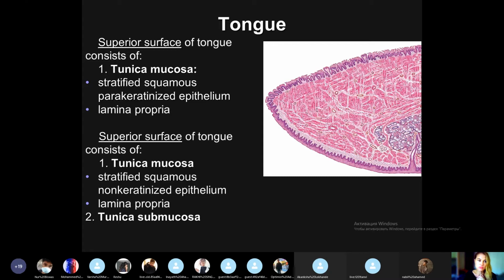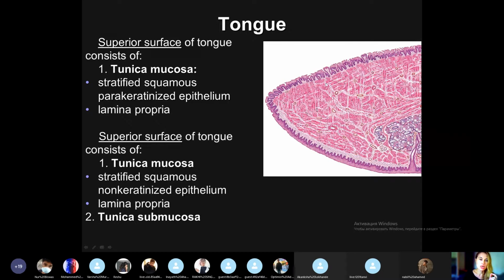In the case of the dorsal surface of the tongue, some areas of the papillae have the process of keratinization, meaning the death of the keratinocytes. Some areas have no keratinization, and due to this we call this epithelium parakeratinized, meaning it is intermediate in its properties between keratinized and non-keratinized epithelium.